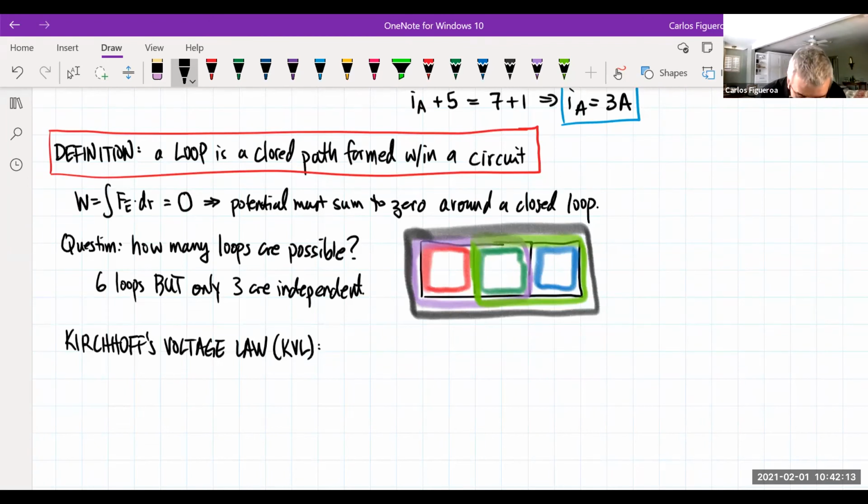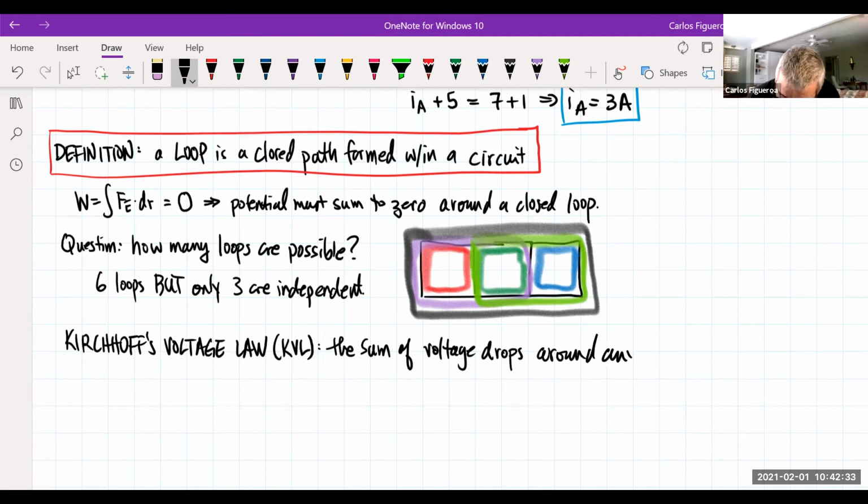And KVL says that the sum of voltages, I should be more careful, maybe voltage drops, around any closed loop is 0. In other words, the sum of all of these voltages is 0.